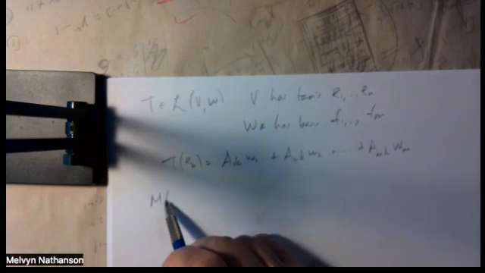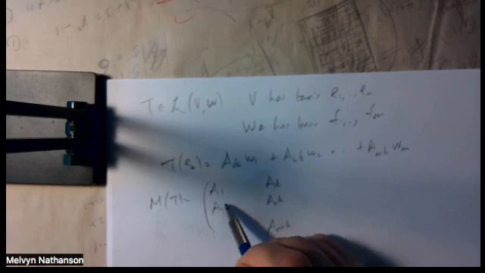So T of each of these basis vectors is a linear combination in W. The matrix of T has each of these as a column. So the kth column is a1k, a2k down to amk, starting from column 1 up to column n.